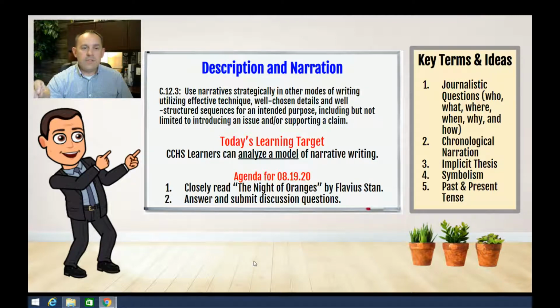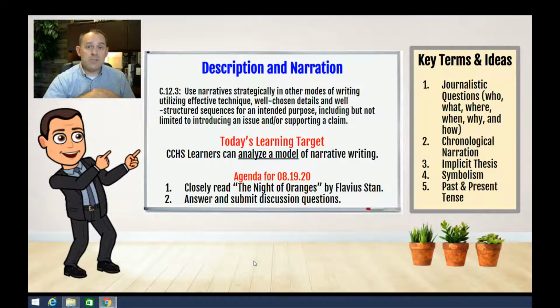So I've included the word symbolism here as a reminder to you. When you get to that question today about the implied thesis, I want you to think about symbolism. So the title of this essay is The Night of Oranges. That's literally talking about an orange, a piece of citrus fruit. Okay? The time that this takes place is on the eve of revolution in Romania. And there's something that happens with the narrator involving being able to purchase oranges and the feeling that he has when he's purchased those oranges and he takes them home to his family.